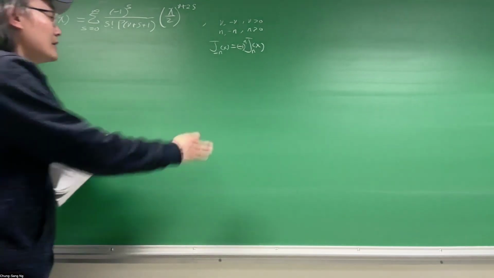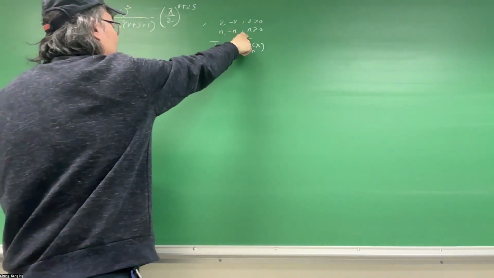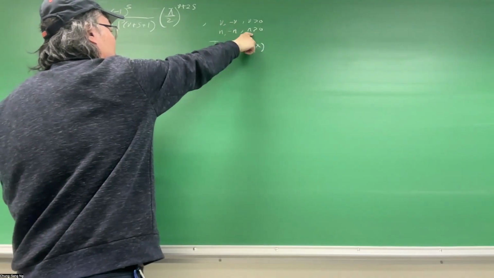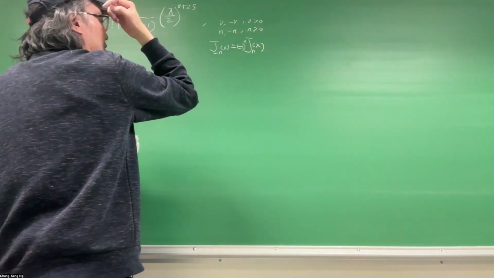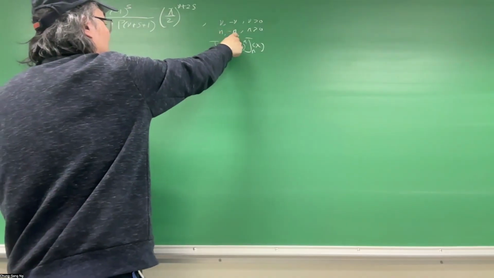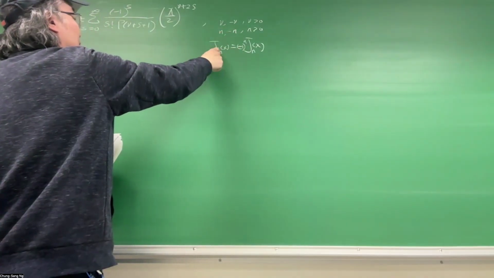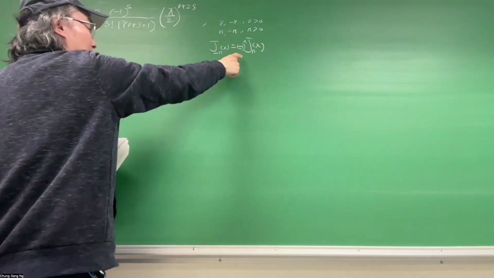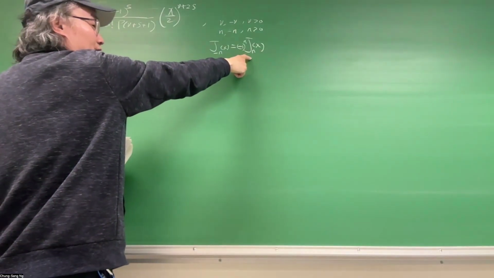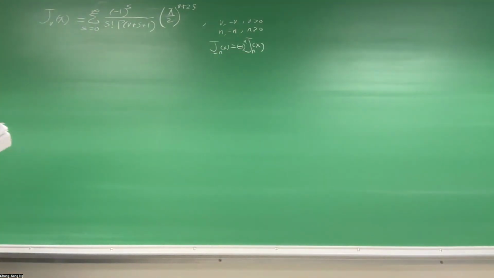But for integer order, that is not so because of this relation. Obviously, if J sub n is regular near x equals 0, J sub minus n is also regular.